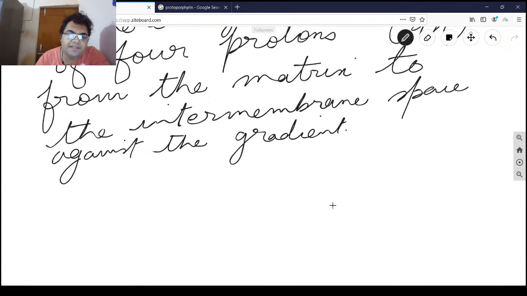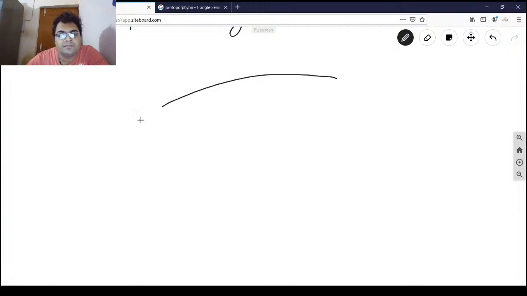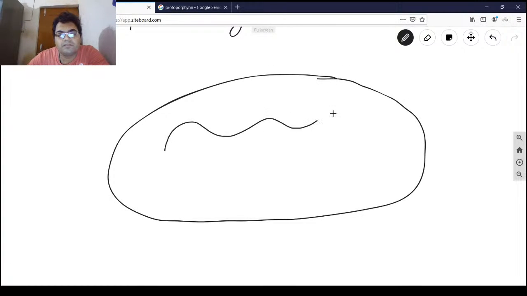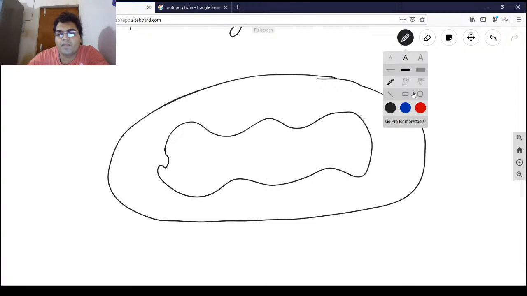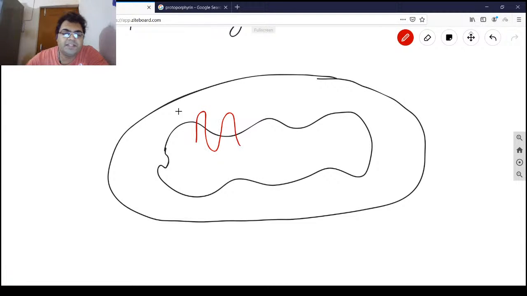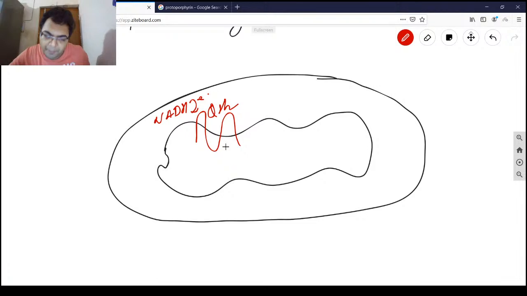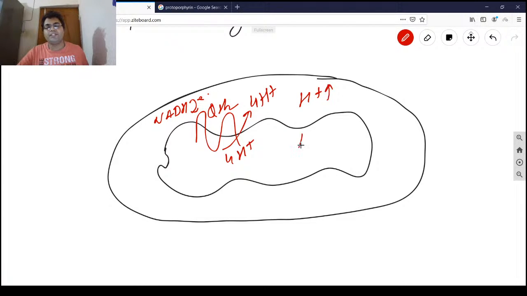Meaning that if you draw it, if this is your complex one, what is happening is the transfer of electron from NADH to QH2, energy is evolved, and that is pumping out 4H plus from matrix to intermembrane space, but against the concentration gradient, because H plus concentration is more here compared to the matrix, so it is going against the concentration gradient.